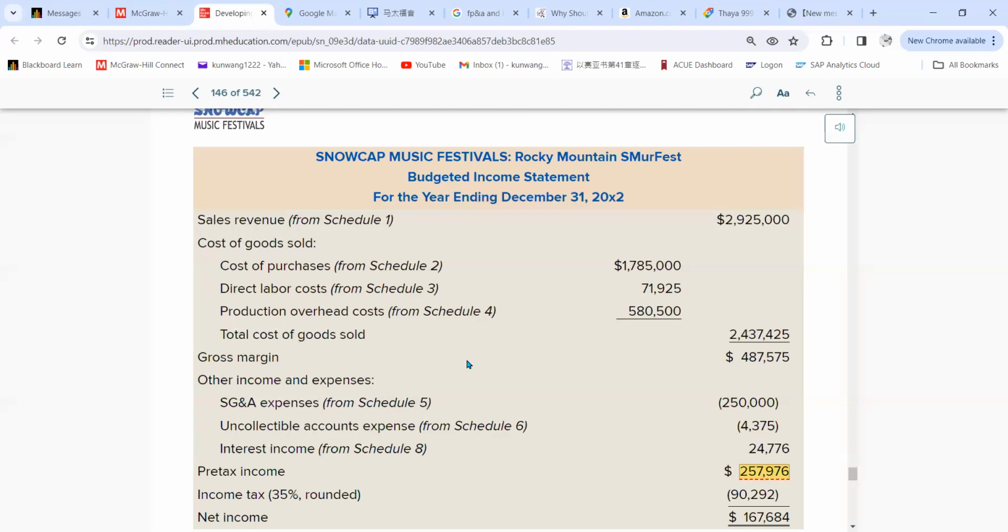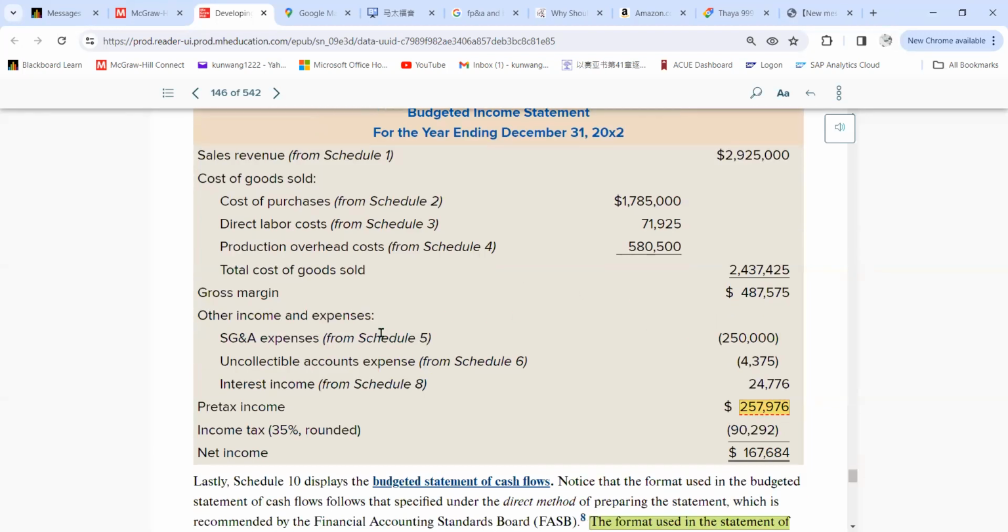Oh, this is not a manufacturer type of gross margin. It's like a service or event gross margin. And then we minus the supporting expenses from your SG&A and the bad debt expense. But interest income is additional revenue or secondary revenue. So your operating items and then supporting items. We have a pre-tax income.